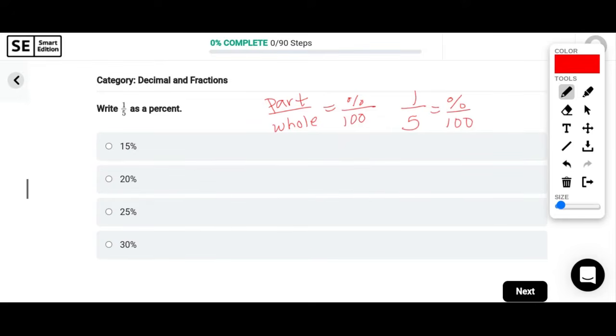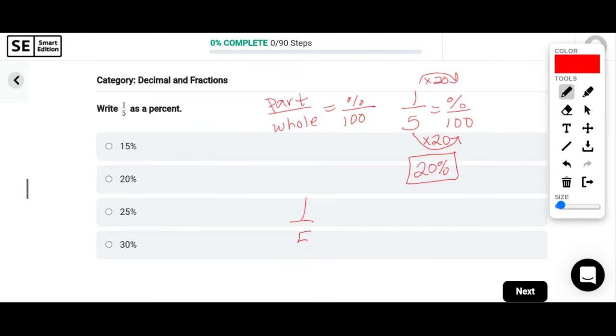Rather than cross multiply to try to solve, I might just look at this and say, how do I get from this fraction to an equivalent fraction over 100? 5 times 20 would help me get there. So all I have to do is 1 times 20 on the top, and that will get me to 20%. So that's one way to do it, is to set up a ratio.